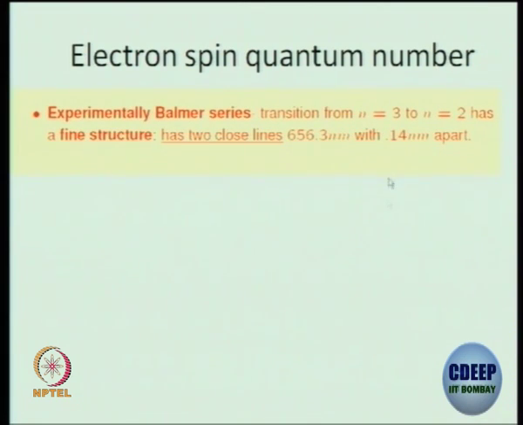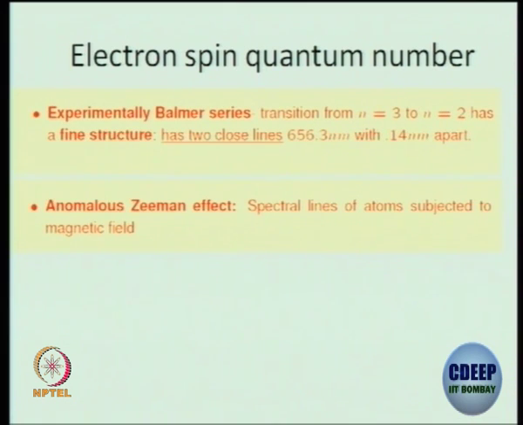They cannot account for it without introducing the electron spin quantum number. And also in the Zeeman effect, as I said, for L equal to 0, they did see two lines. They cannot account for it just by the mu dot B term, where mu is the orbital magnetic moment.